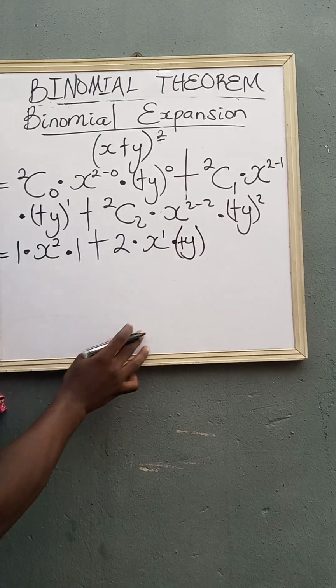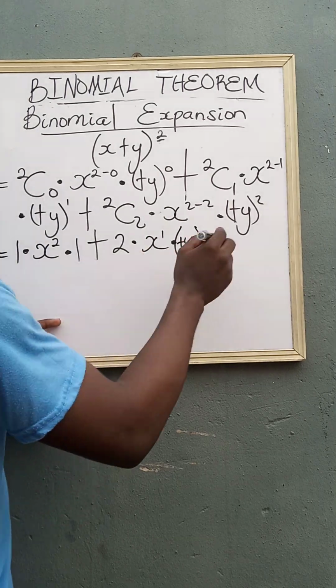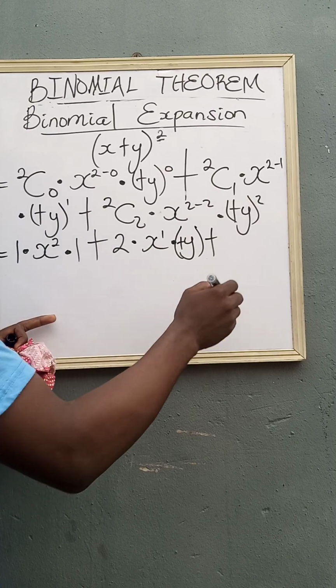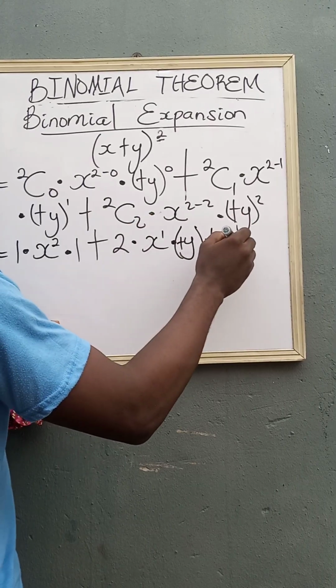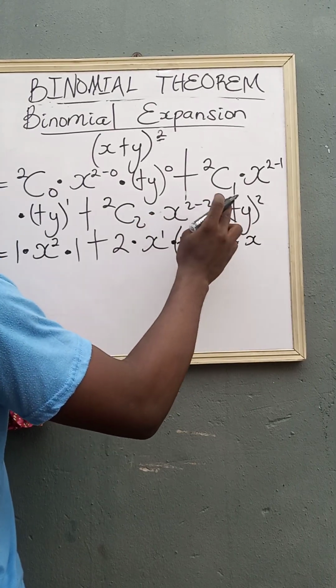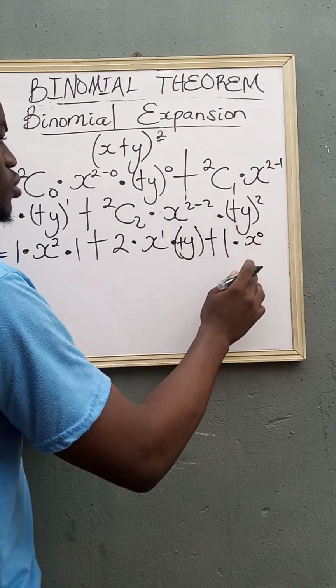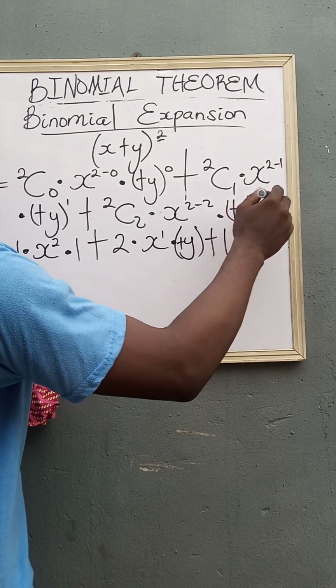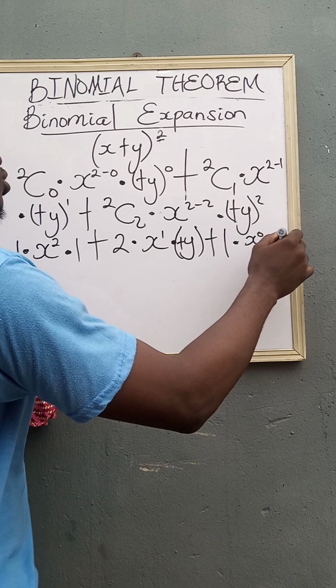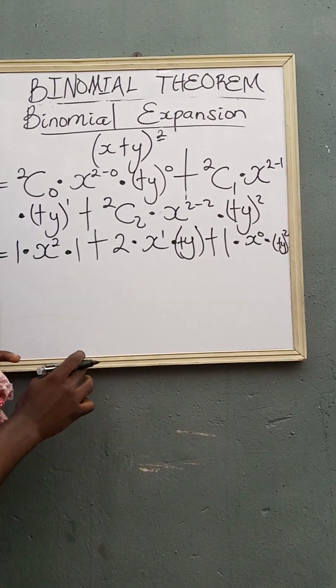Now plus 2 combination 2 gives 1 multiplied by x raised to the power of 2 minus 2, which gives 0, then multiplied by plus y all squared, right? Here we have that.